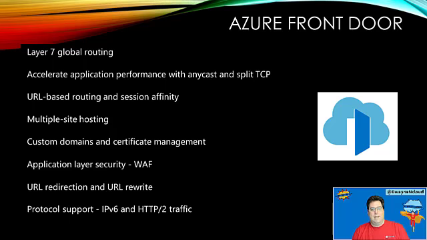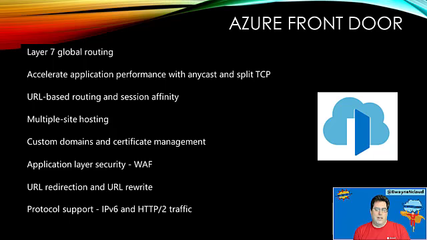And Azure Front Door, I compare to a hybrid between an application gateway and a traffic manager, because this is looking at global routing. It's also working at a global level. So we're looking at layer 7 in the OSI model, very high up there at the application layer, and global routing, where it's based on URL-based routing and session affinity for multi-site routing globally, to provide that traffic management, to route traffic to the service that's closest to you.